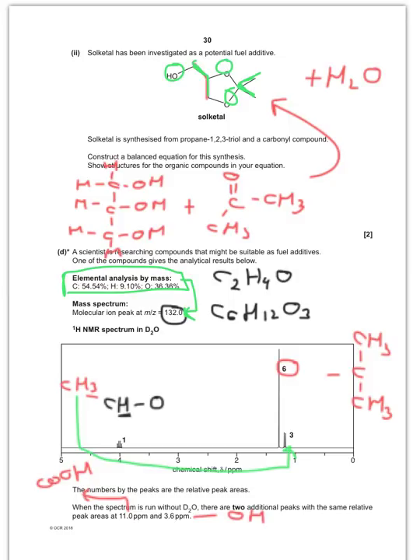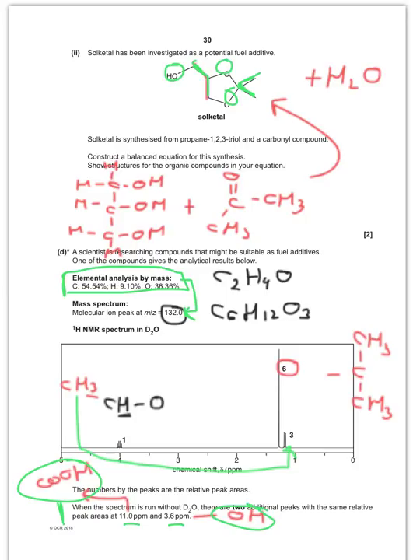Right, so they give me a bit of a clue down here. They've told me that without D2O, there are two additional peaks with the same relative peak areas, one at 11 ppm and one at 3.6 ppm. So that suggests you've got a carboxylic acid and you have got an alcohol group.